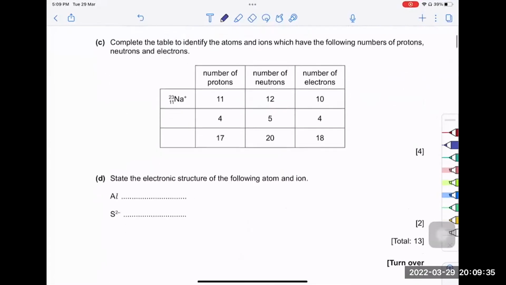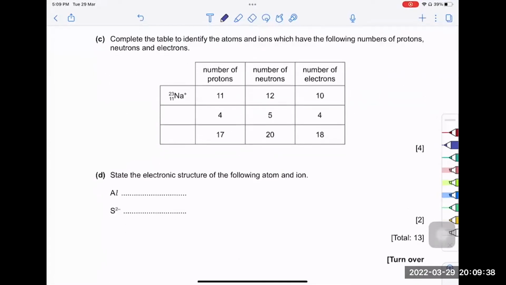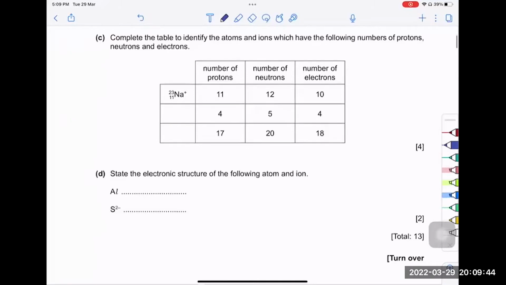Complete the table to identify the atoms and ions which have the following numbers. So first of all, how do we identify the element from the proton number? So 4 is beryllium in the periodic table, so I'll write Be. 17 is, if I'm not wrong, is it bromine? Can you please check? No, 17 is chlorine. Yep. And the numbers, okay, let's see.